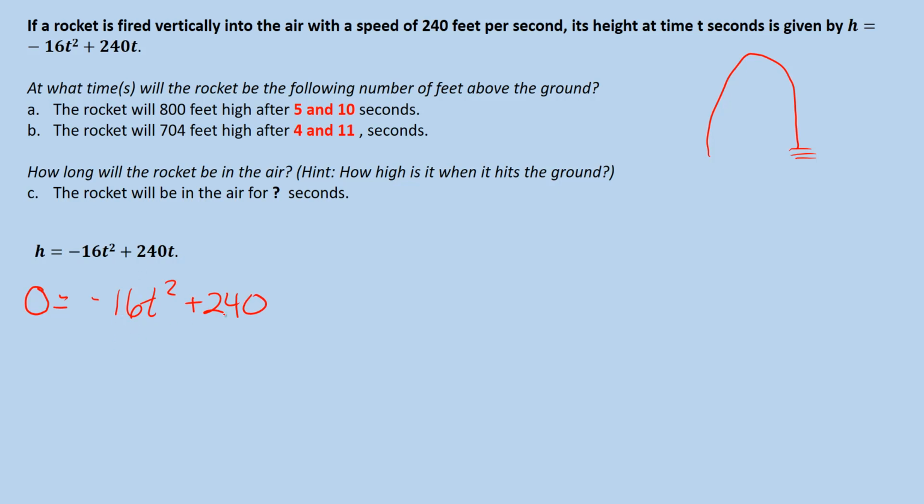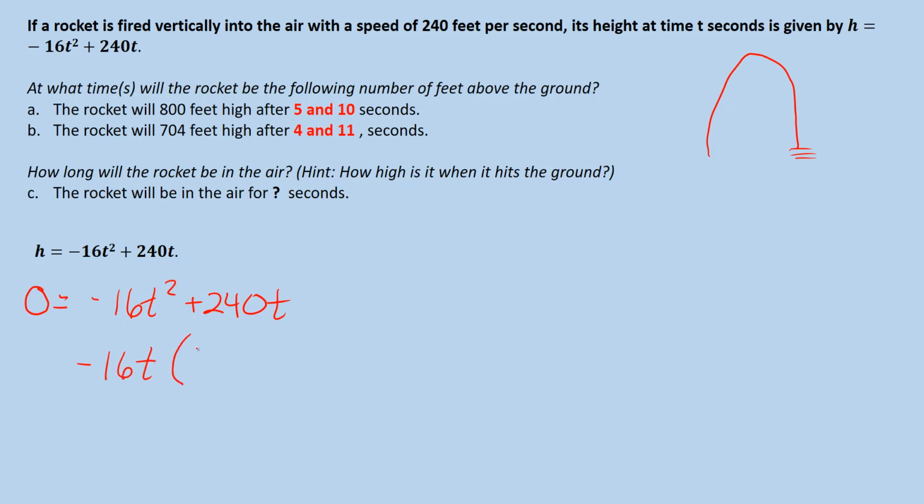Now notice, since this is 16t squared plus 240t, I don't really need to do any trinomial factoring, but I can do greatest common factor. So let's go ahead and pull out the negative 16, but this time we're going to pull out the t.